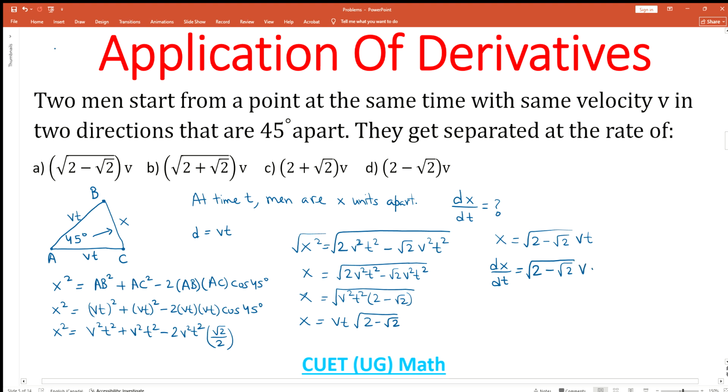And the derivative of t with respect to t is 1. So dx over dt is equal to square root of 2 minus square root 2 times v. This is the rate at which the two men are getting separated. So the answer should be option A. This should be the final answer for this problem.